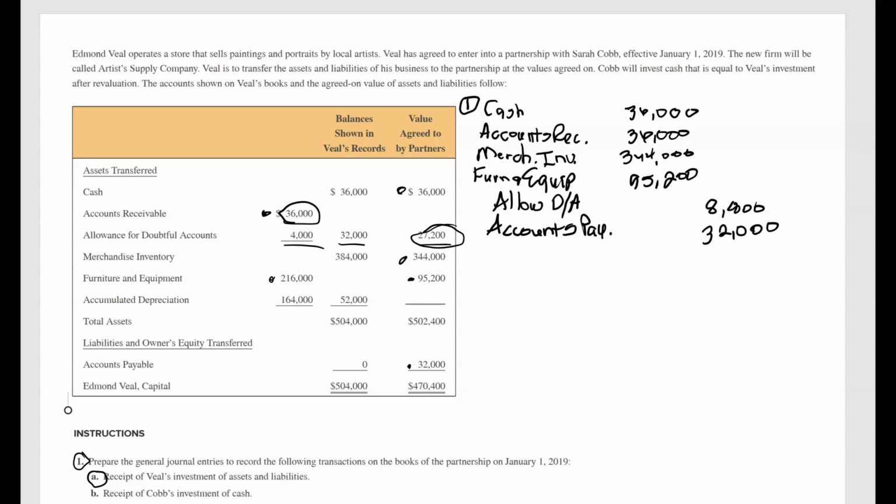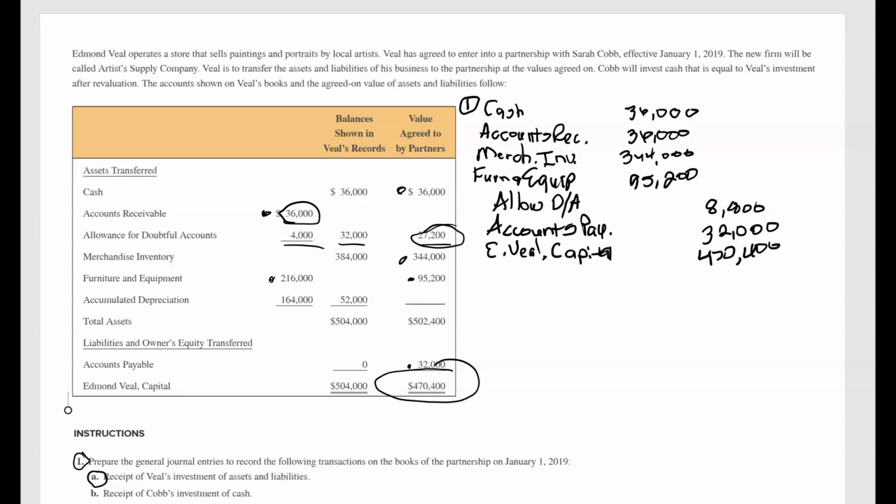And then the capital account, this is how much he has in capital account, is $470,400. And then that's the journal entry for number 1.